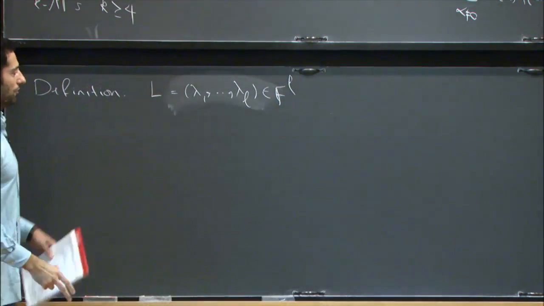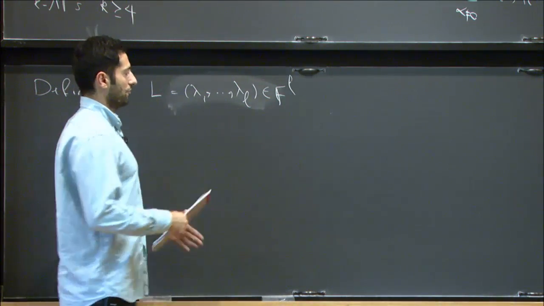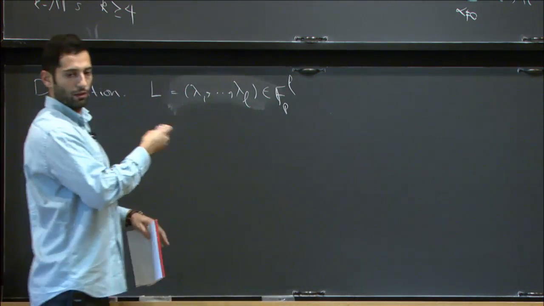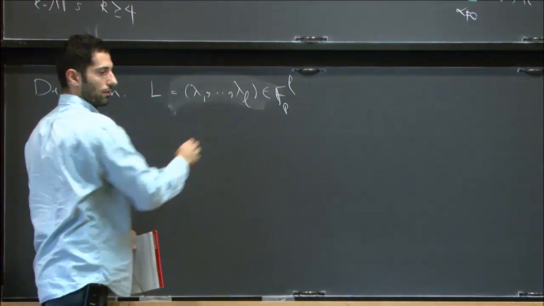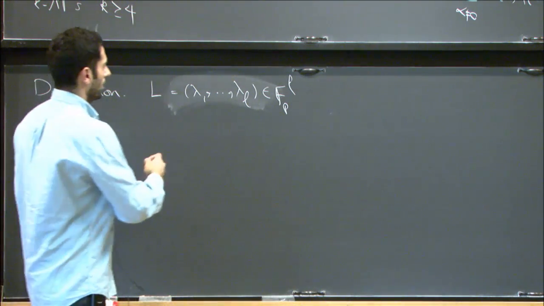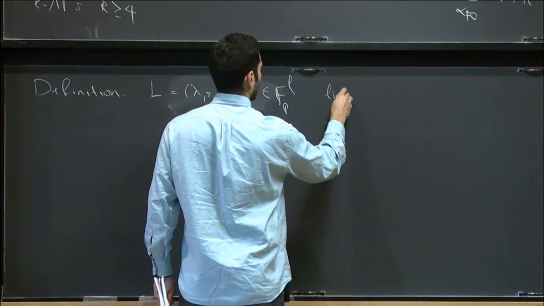We refer to every vector lambda in F to the L, where F is going to be F_p. So for the rest of the talk, I may a lot of times drop the p. So we call this a linear form.